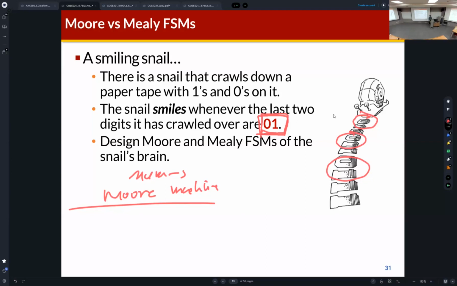If the sequence is 0, 1, the output will be 1. Otherwise, the output will be 0. How can we define the states? Actually, this is not easy. This is a little bit tricky.